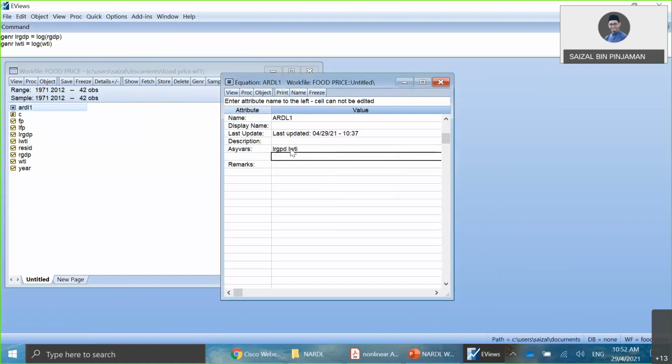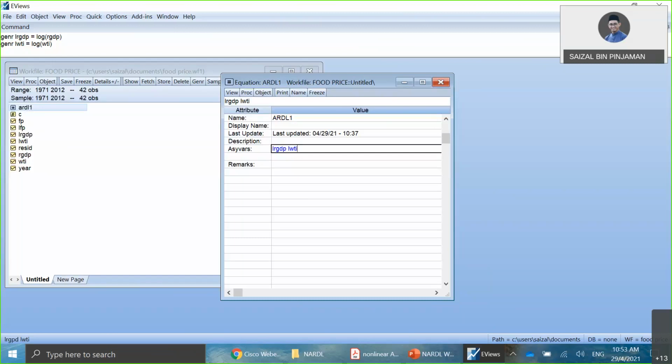LRG, oh, okay, sorry. We have GDP here. When we key in the commands or values in EViews, make sure that we key in the correct values.